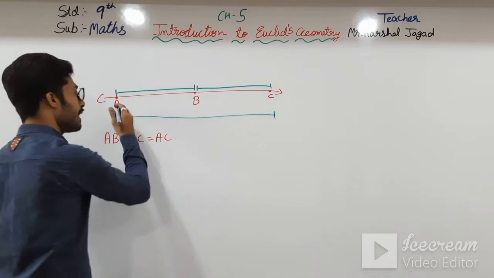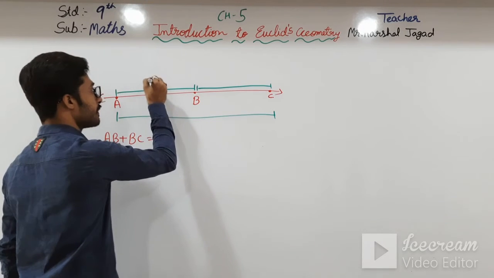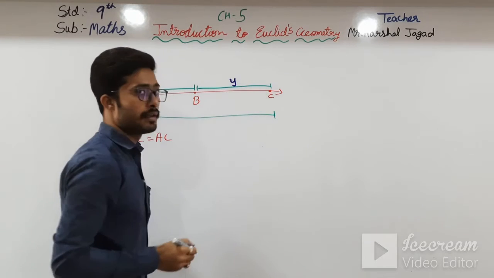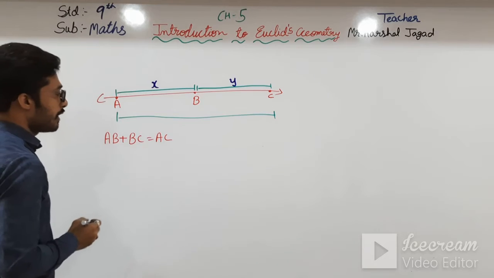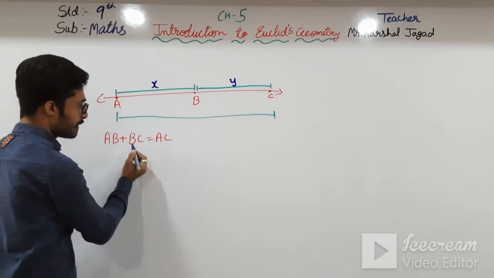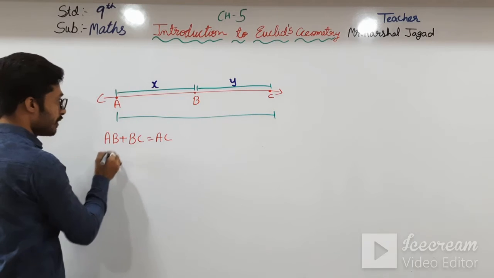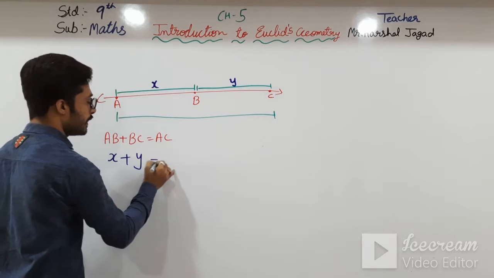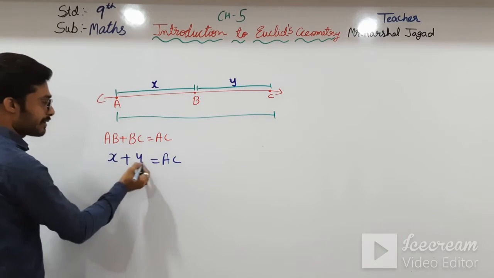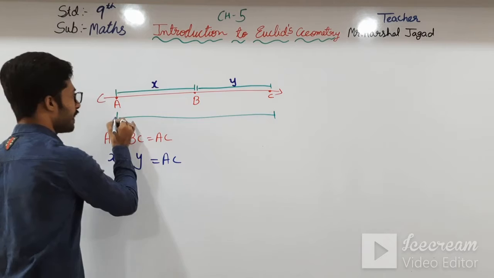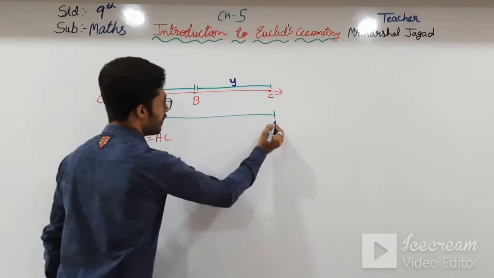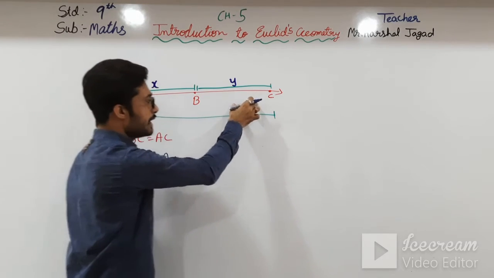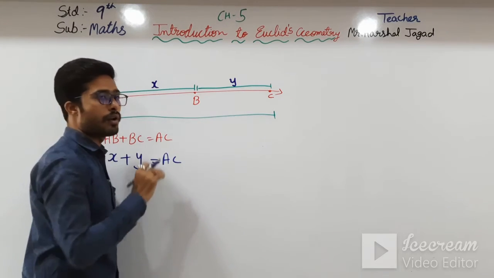Here if I take AB is equal to X, and BC is equal to Y. Okay, students, then if I take AB plus BC, so AB is X plus BC is Y. So we get AC is equal to X plus Y. Now you have to see, if we do the sum of AB plus BC, then is the line AC formed or not.